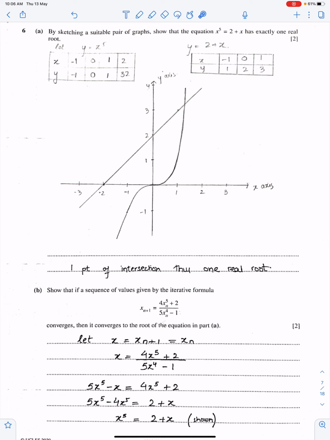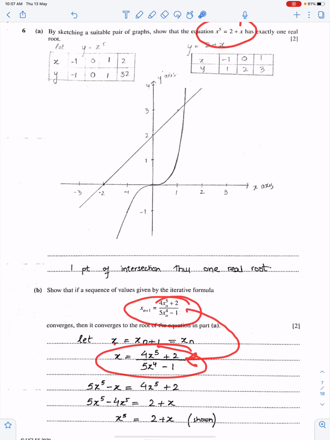This means xn plus 1, xn, they all are equal to x. When the formula converges, then xn plus 1 and xn, they all are equal to x. So by replacing all xn and xn plus 1 by x in this formula, we have this equation. Now we just need to bring this equation into this form.